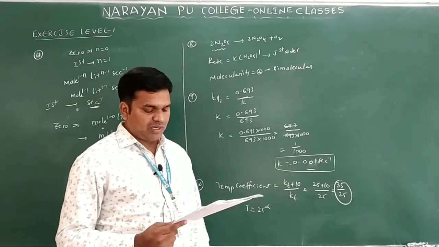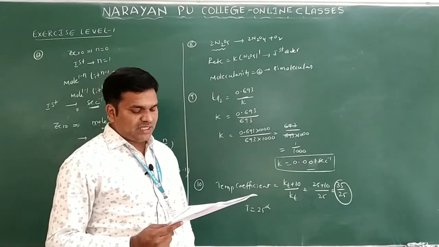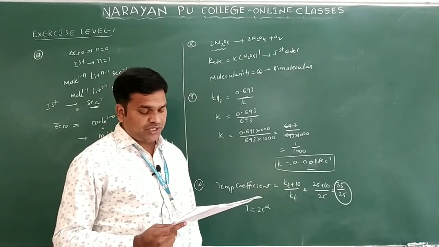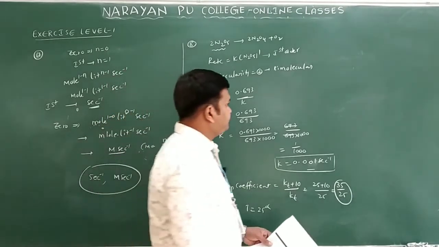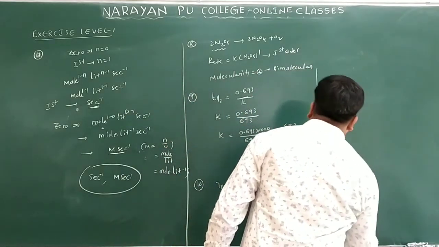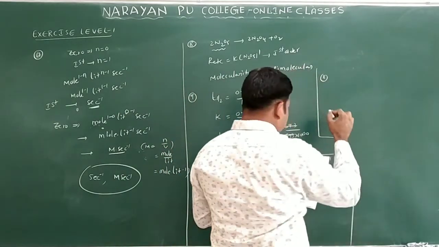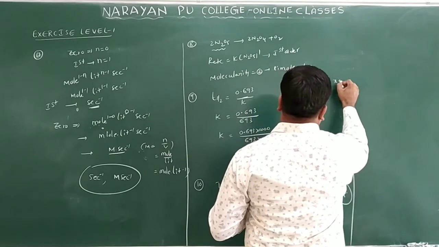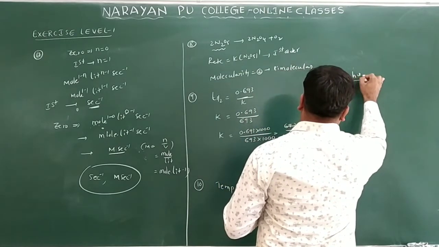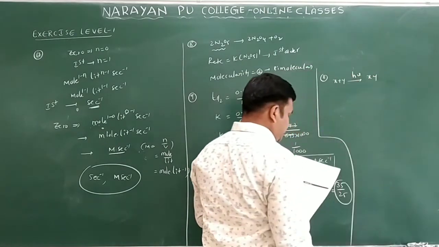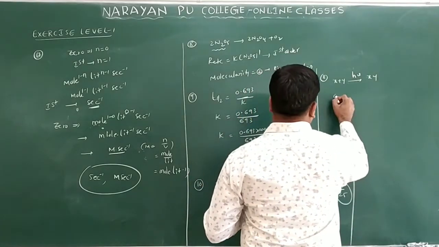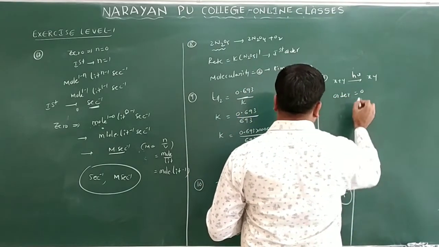Next, you can see question number 11. The reaction x plus y, in the presence of sunlight, gives xy. The order is equal to 0.